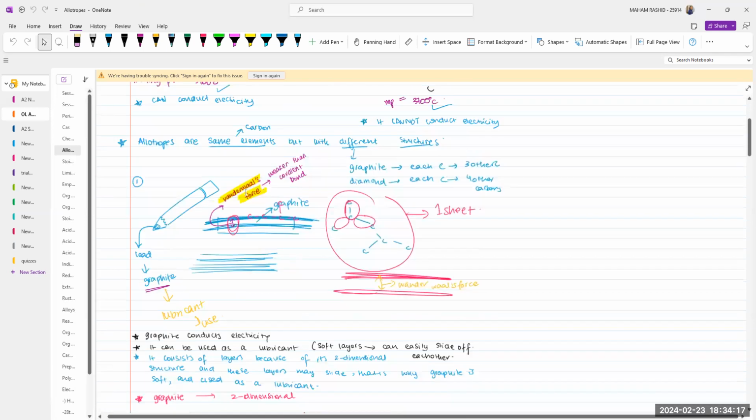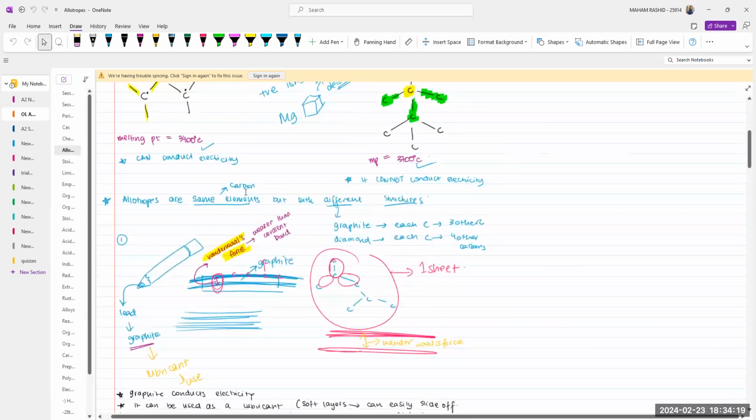Why are we asking for the intermolecular forces for graphite and not for diamond? I don't get your question.